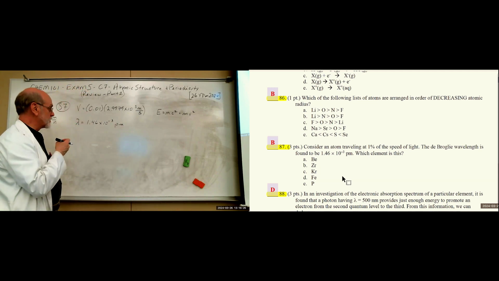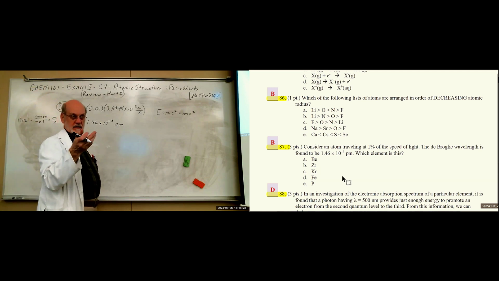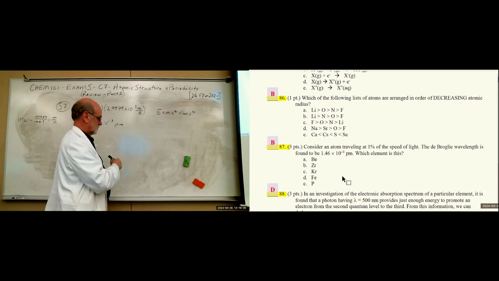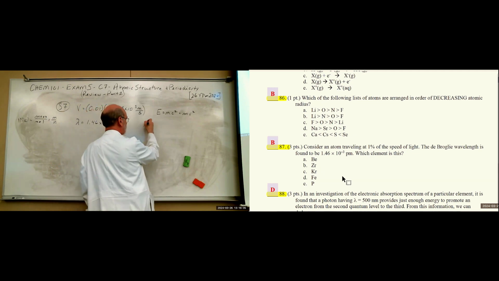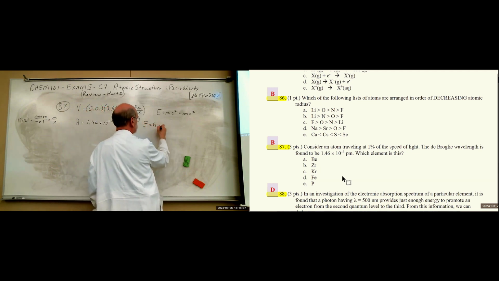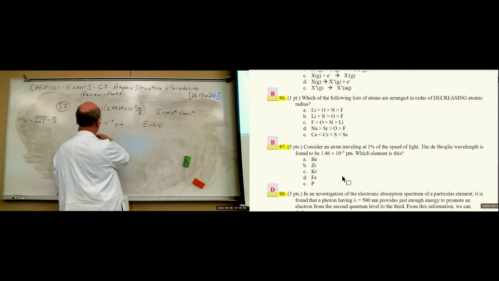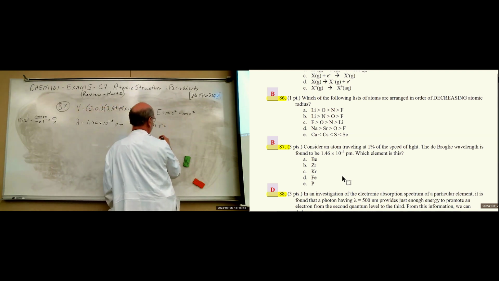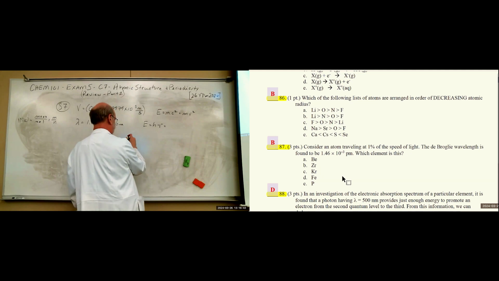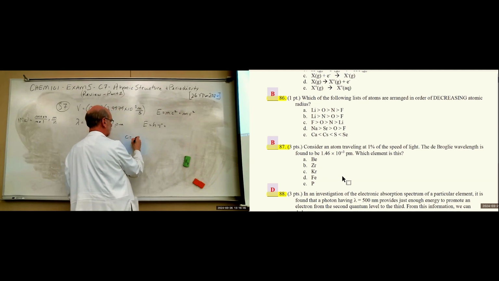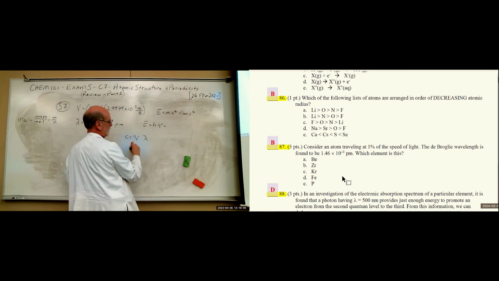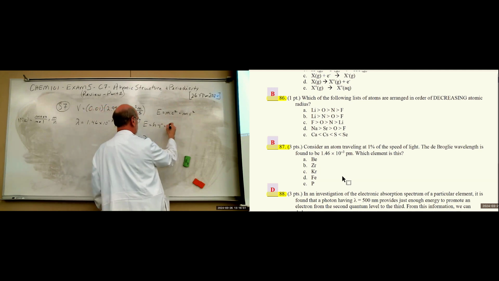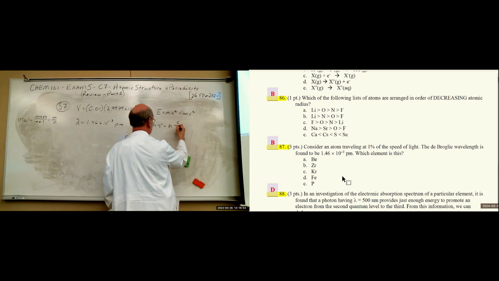All right, how are we going to get energy? Well, now we need Planck's equation. Energy equals Planck's constant times frequency. Or we've got wavelength here, so let's do it like that. So speed of light equals frequency times wavelength, right? Right, so frequency is going to be c over lambda.